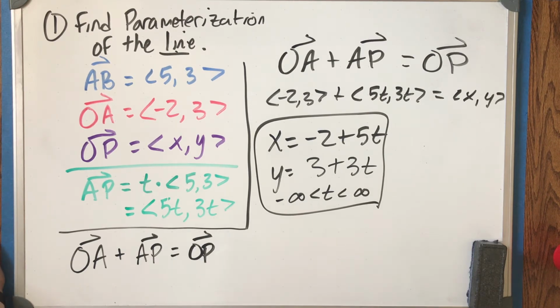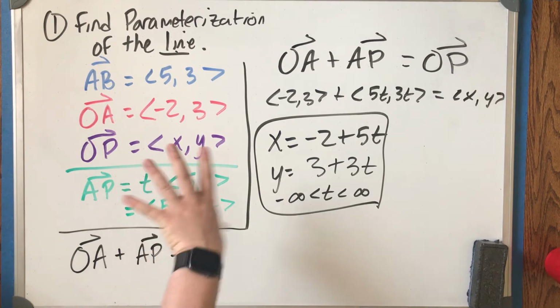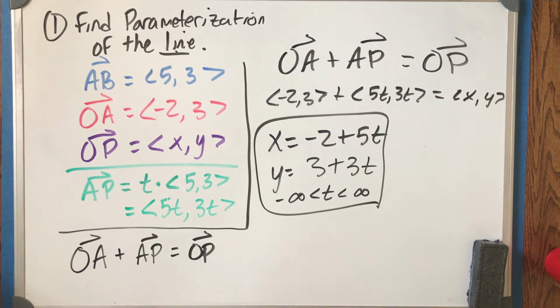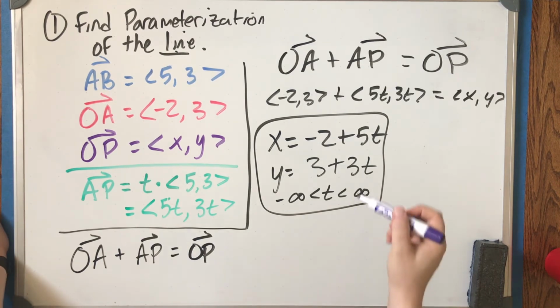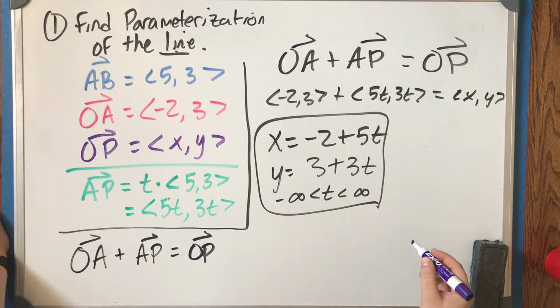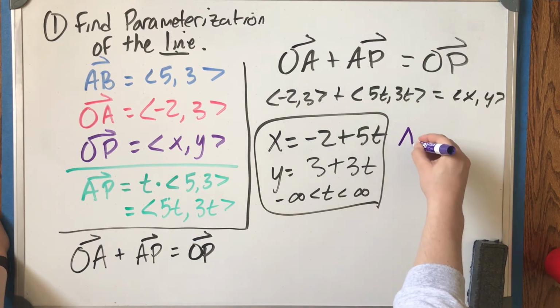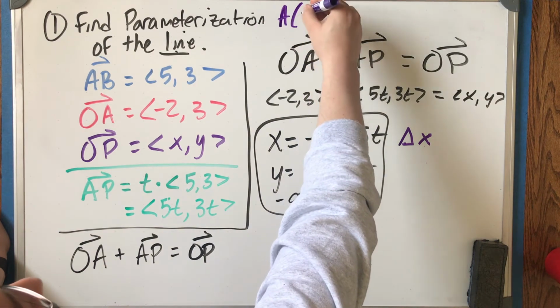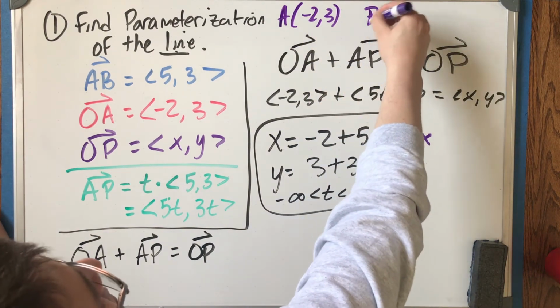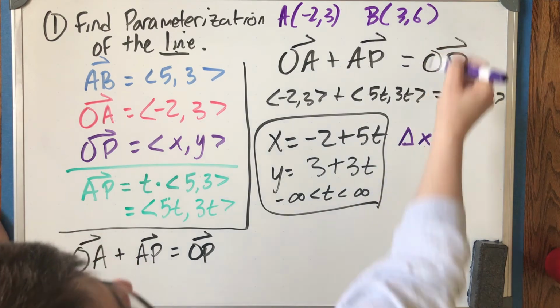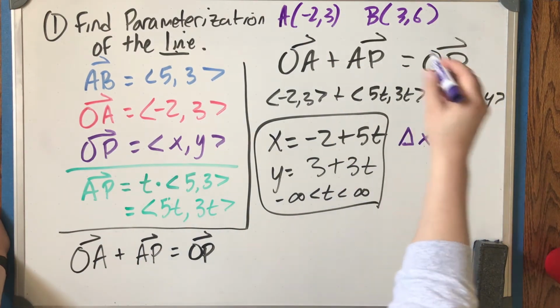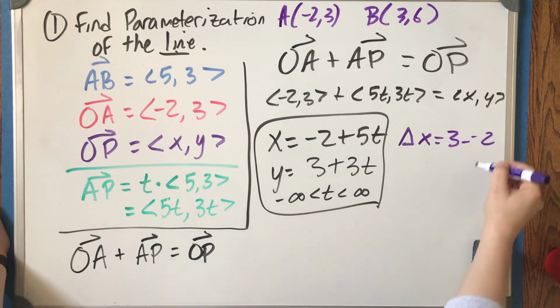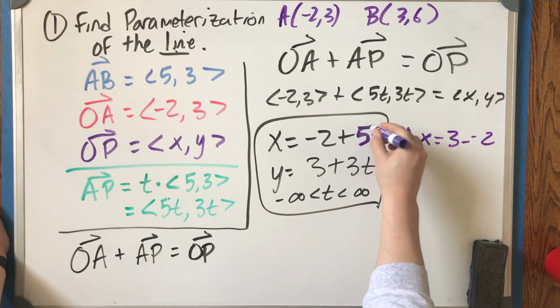And there's a couple things that I want us to connect to this so that we can see where these numbers are coming from in a much easier way than having to deal with vectors. Our goal is to not use vectors again. So let's see if we can figure out where this 5 comes from, and we're going to connect this back to the warm-up. So the change in the x values from the original point A, which was at -2, 3, to the point B, which was 3, 6, the change in the x values would be 3 minus -2, aka 5.